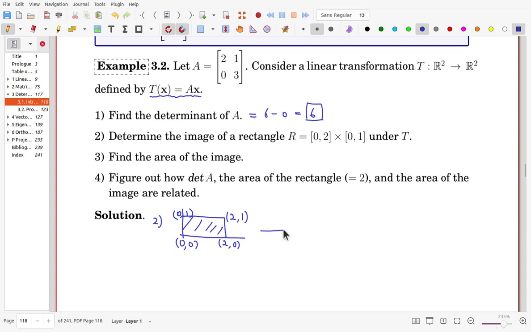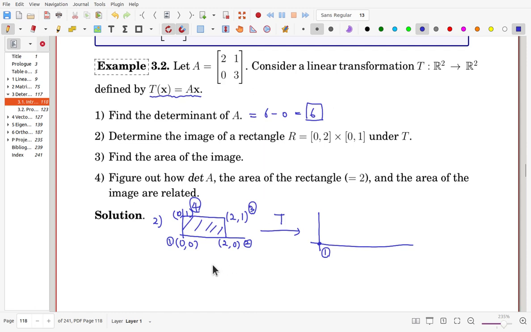We want to find the image under T of this region. This is the xy coordinates. Now 0, 0 will go to 0. We name the points: this is point number 1, point number 2, then number 3, number 4. That one is the image of point 1. And how about point 2?